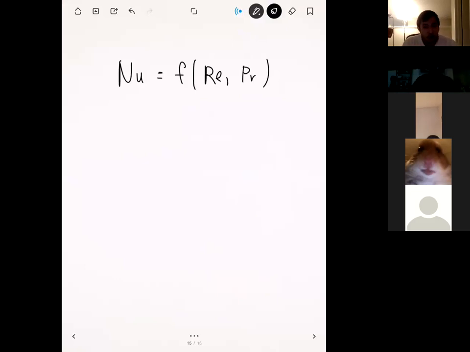In all of our correlations, the Nusselt number was some function of Reynolds and Prandtl. But for free convection, obviously we don't have Reynolds number anymore. So instead we're going to replace this with the Grashof number. After the spring break, we'll do free convection problems and see Nusselt number correlations with the Grashof number in there instead of the Reynolds number.